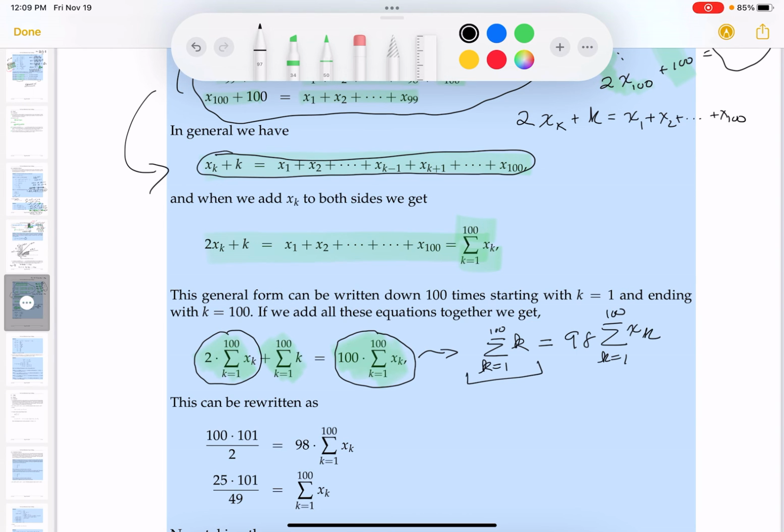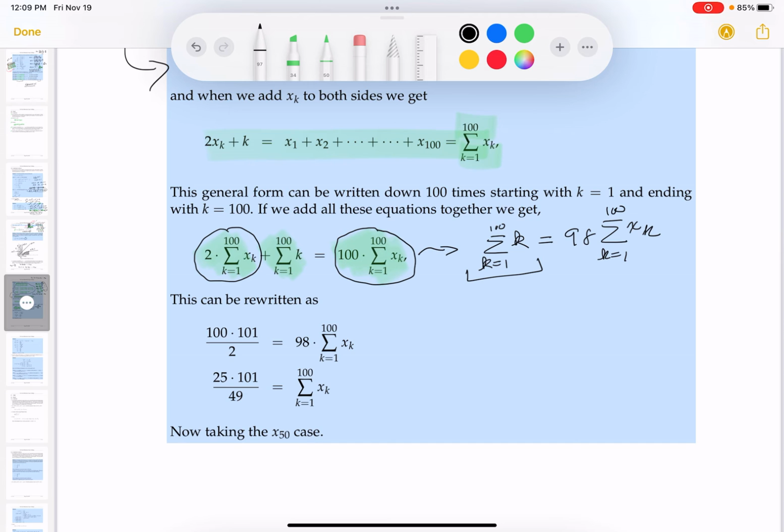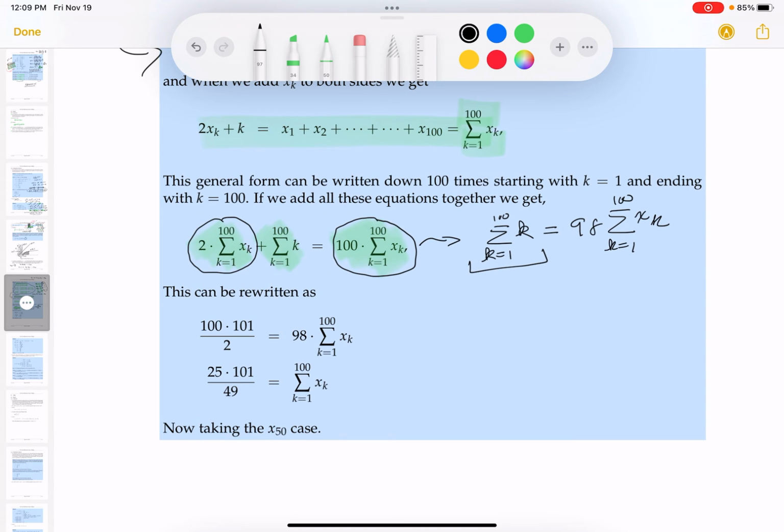This is easy to do. That's the sum of integers from 1 to 100. I certainly hope you know the formula there. It's 100 times 101 over 2. And that equals 98 times the sum, k equals 1 to 100, of xk.